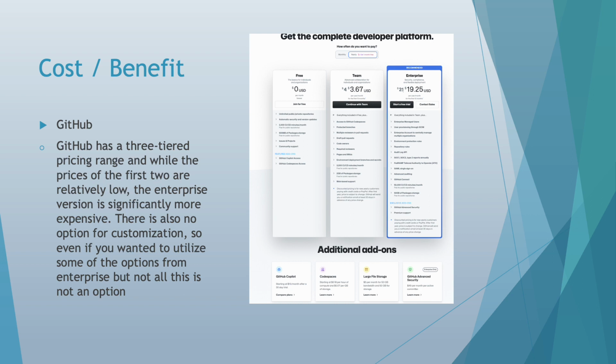The main downside to this is that there is no custom option for GitHub, so you cannot choose which features that you want and take off the features that you don't feel are necessary for your company. There are additional add-ons that you can add as well.